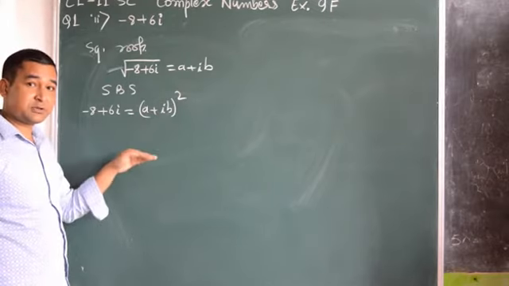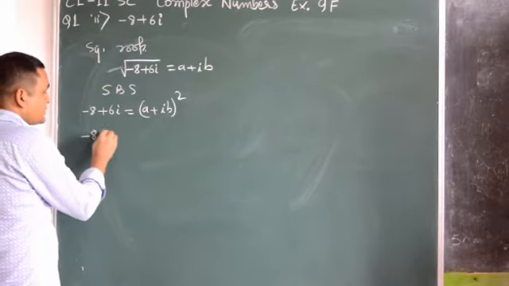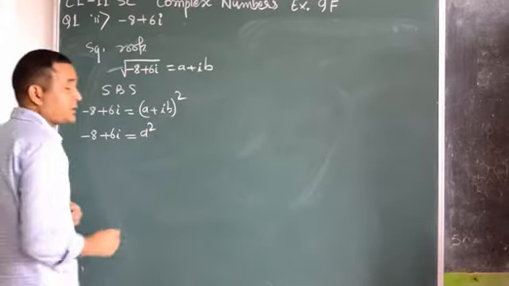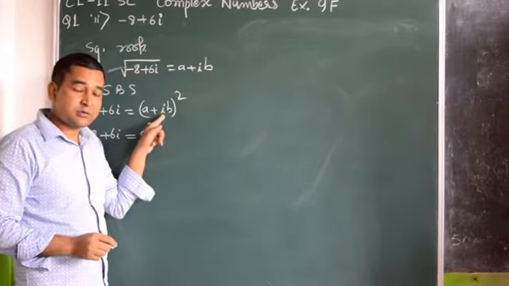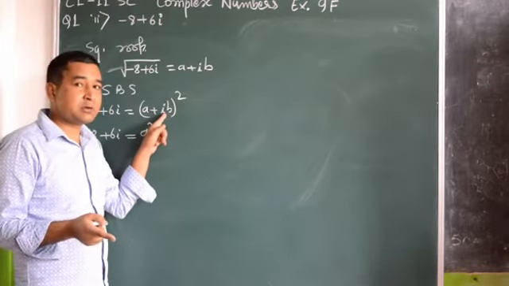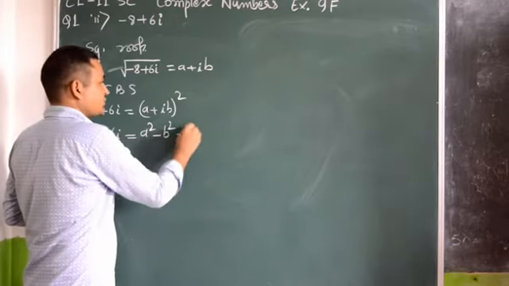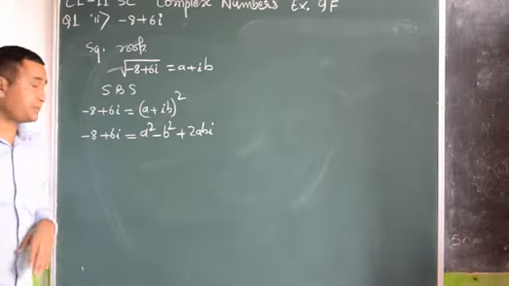Minus 8 plus 6i equals a square plus b square, but i square means minus 1, that's why it is minus b square plus 2abi. Just follow this step.